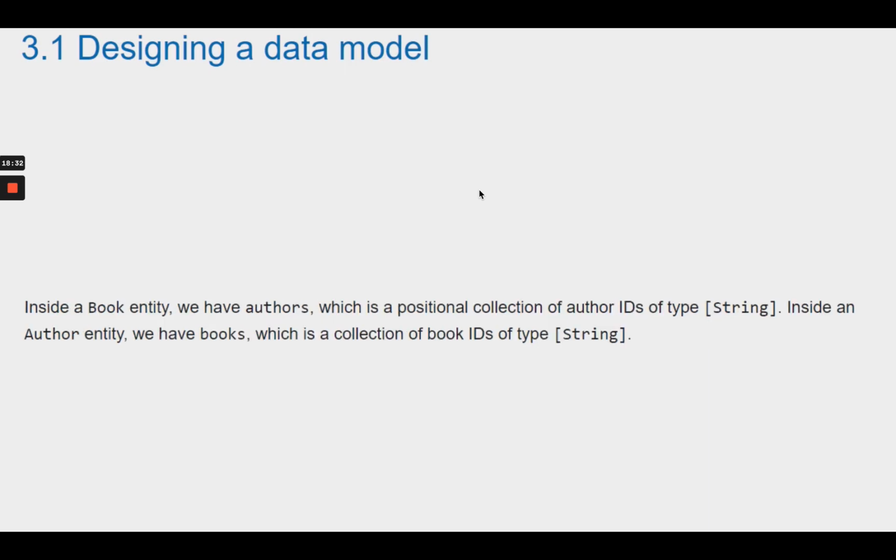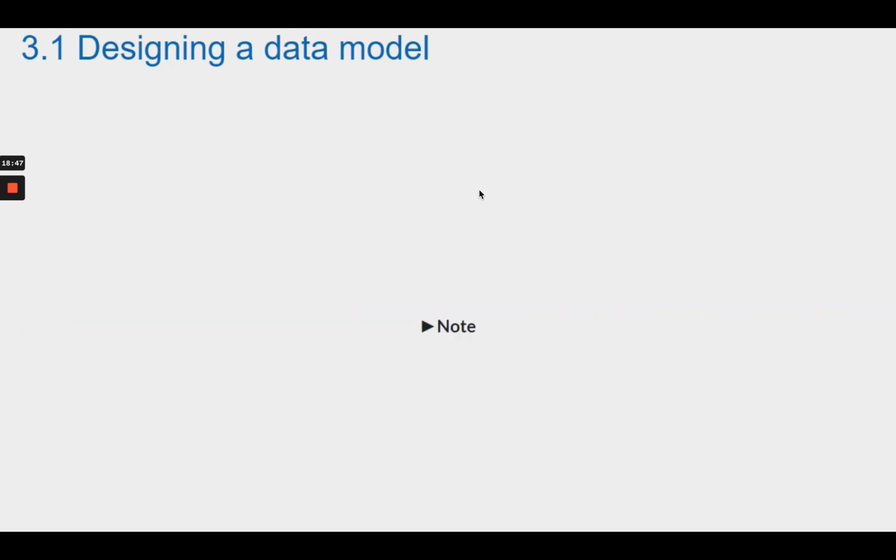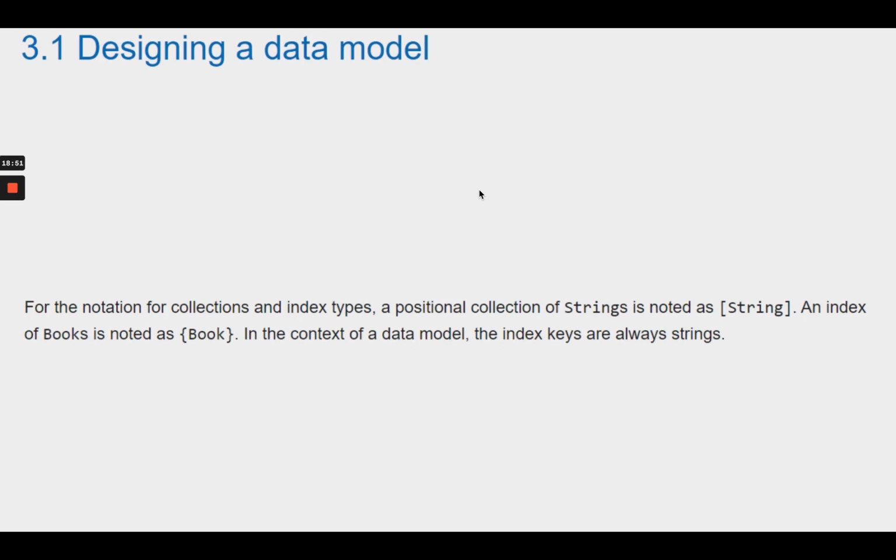Inside a book entity, we have authors, which is a positional collection of author IDs of type string in brackets. Inside an author entity, we have books, which is a collection of book IDs of type string in brackets. Note: for the notation for collections and index types, a positional collection of strings is noted as string in brackets. An index of books is noted as book in braces.